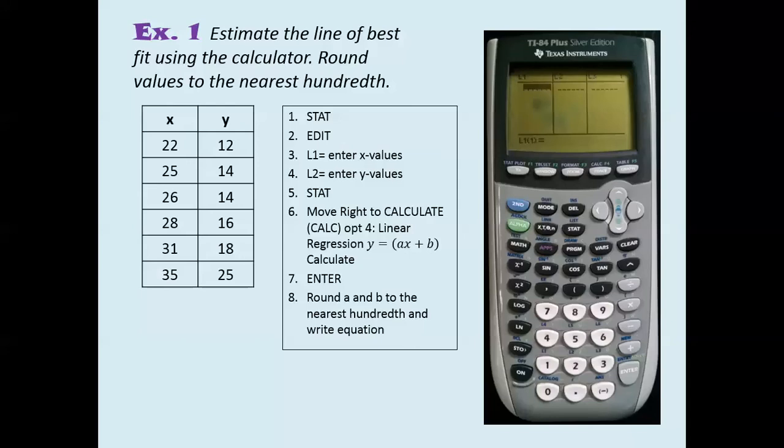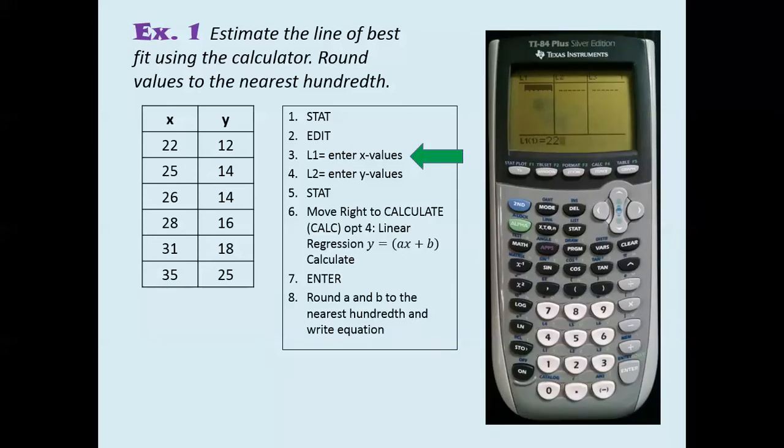That gets you to a screen that shows a series of tables that give you room to enter lists. So we're going to be pressing list number 1. We're going to be entering the values of all of the x's, the x values, into list number 1. You can see the spot right there in list number 1. So the first thing you're going to do is 22 using the number keys on the calculator, and then press the enter key.